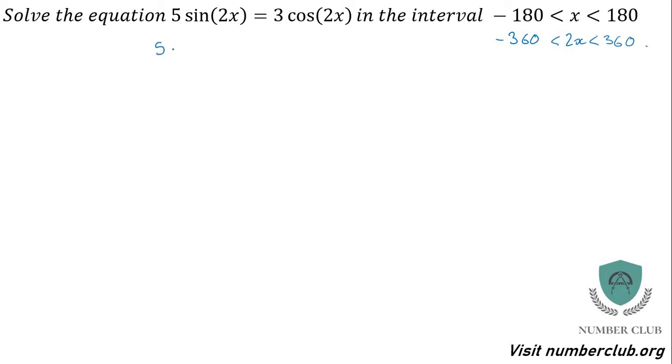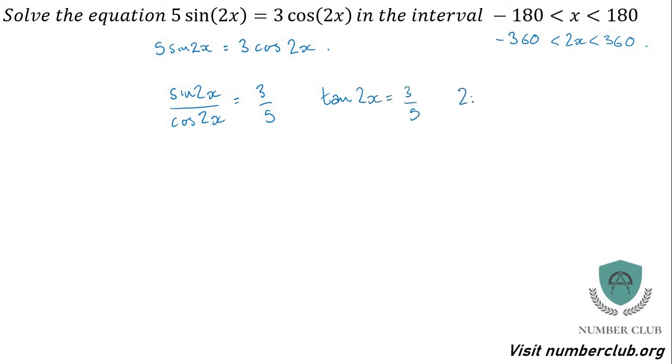Now we have 5 sine of 2x is equal to 3 cos of 2x, and what you can do with this is express it as sine of 2x over cos of 2x equals 3/5, and so tan of 2x is equal to 3/5.